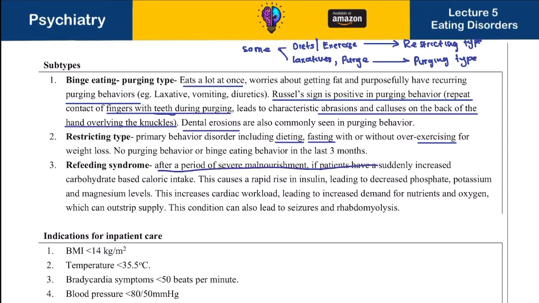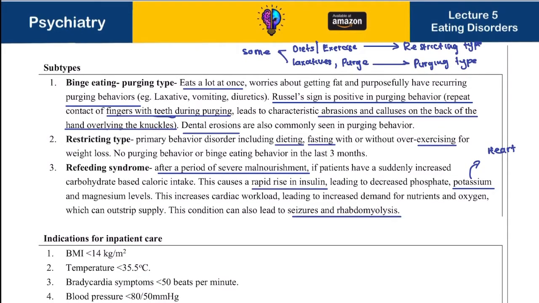After a long time of malnourishment, if these patients are suddenly given carbohydrate-rich diets, there will be a rapid rise in insulin. This will decrease potassium levels in the blood. This can cause heart problems. And also, there can be seizures and rhabdomyolysis.